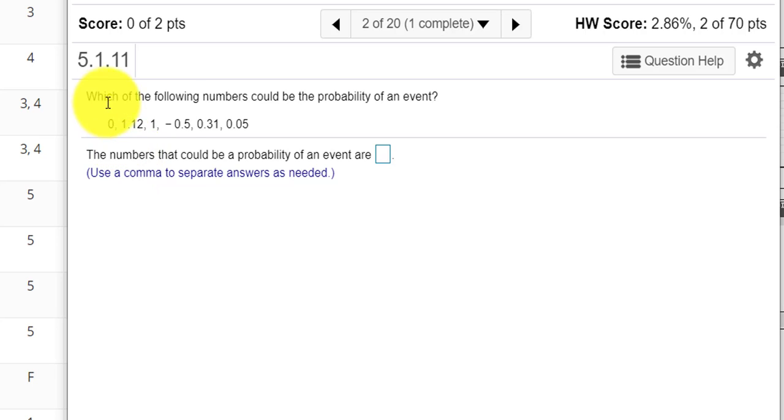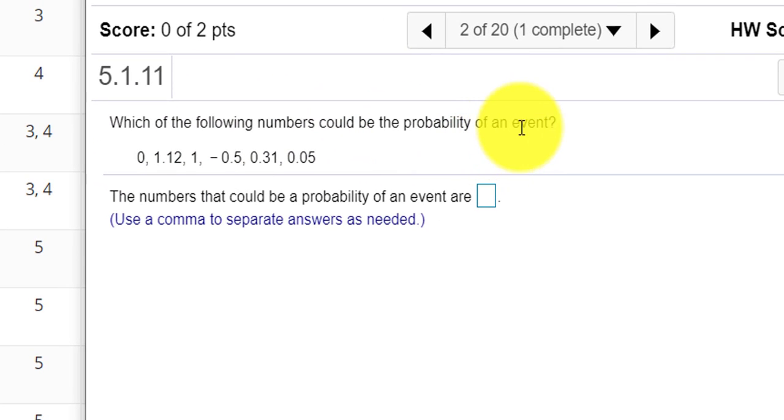It says, which of the following numbers could be a probability of an event? The probabilities can only be 0 to 1. So we have 0, 1.12 is no good. The negative 0.5 is no good.